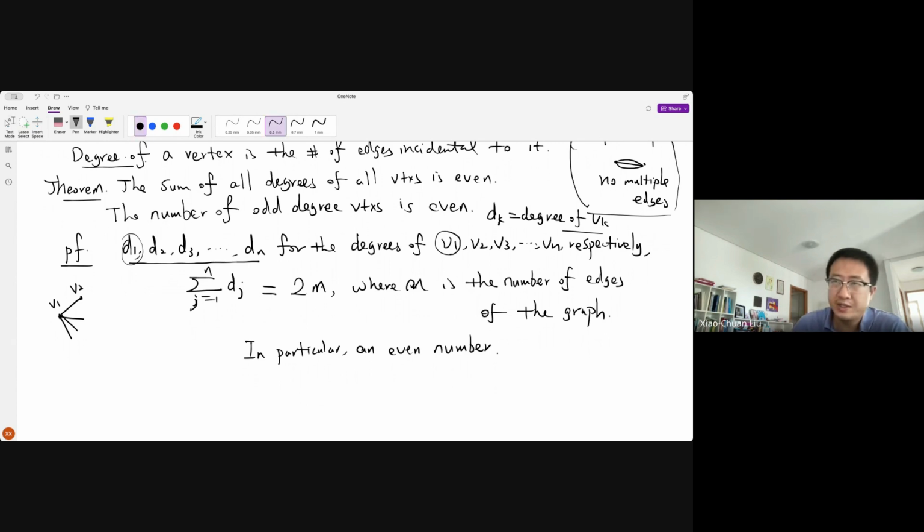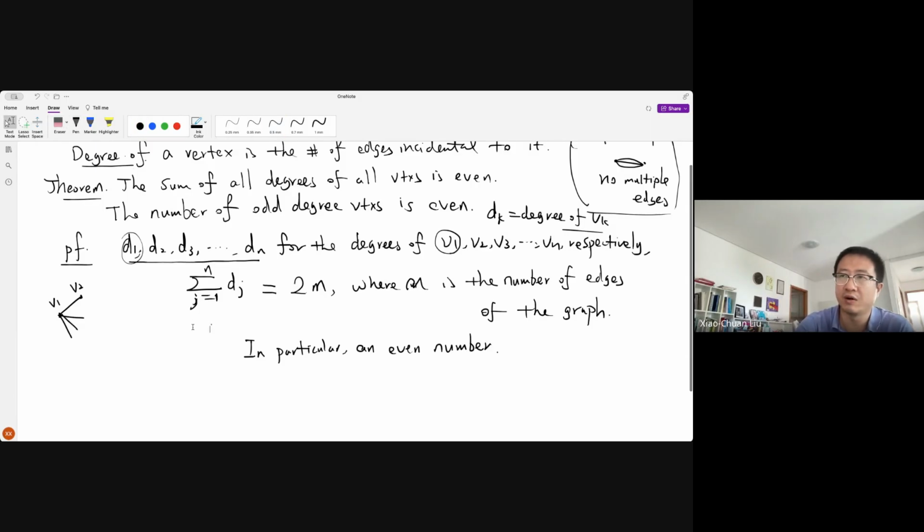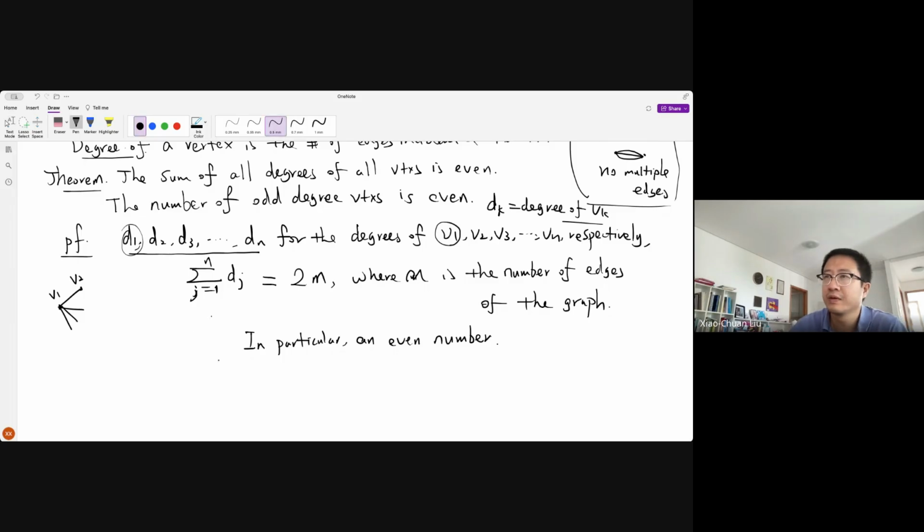Okay, this computation is not so hard, but it's kind of important. It involves a very major idea, which we call double counting. So we count some objects in two ways, and you can obtain some equality, or sometimes you can make some inequality too. Okay. So the second statement says that the number of all the odd degree vertices is even.